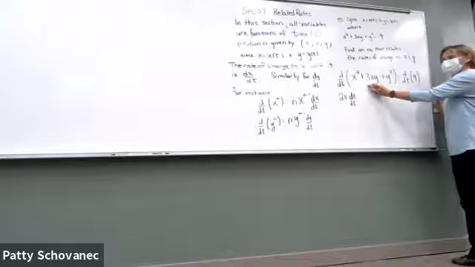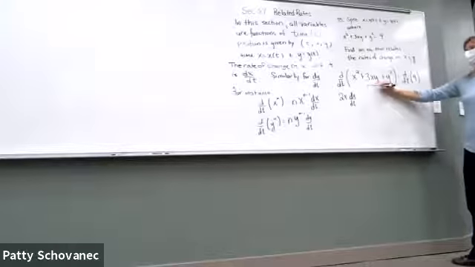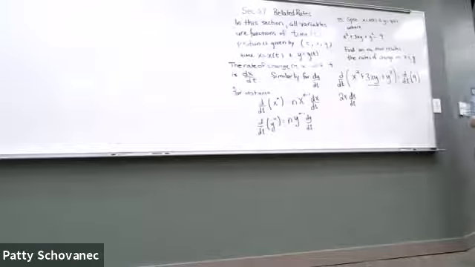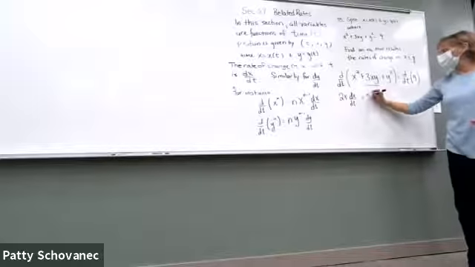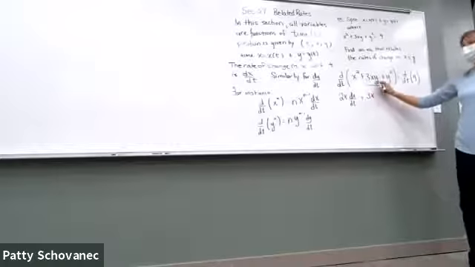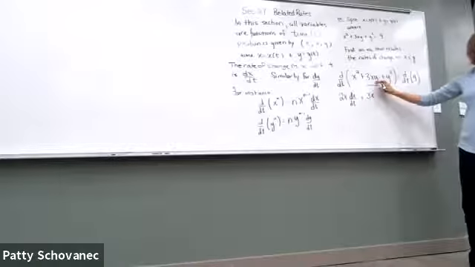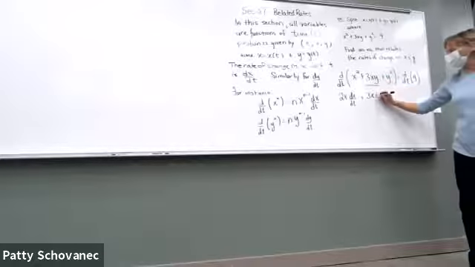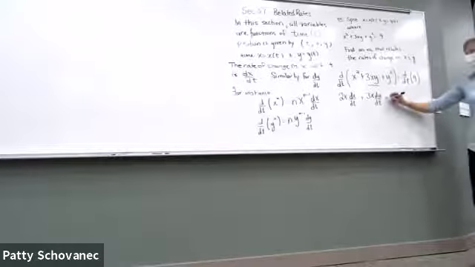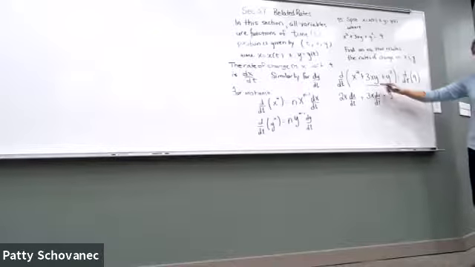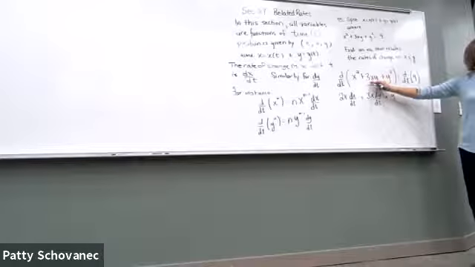In here, we'll use the product rule, where 3x is the first term and y is the second term. And we'll do the first times the derivative of the second. And the way I'll write the derivative of y is dy dt plus the second times the derivative of the first.